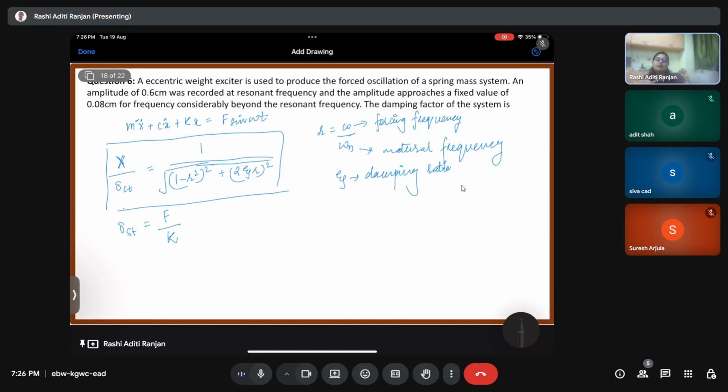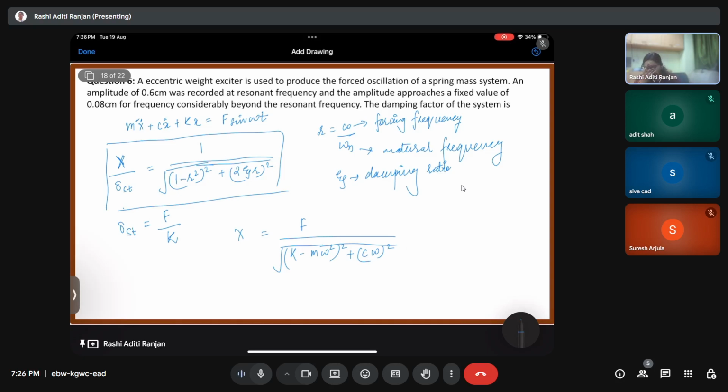What if I write it in terms of M and K? Then X is going to be F by the square root of (K minus M omega square) whole square plus (C omega) whole square.